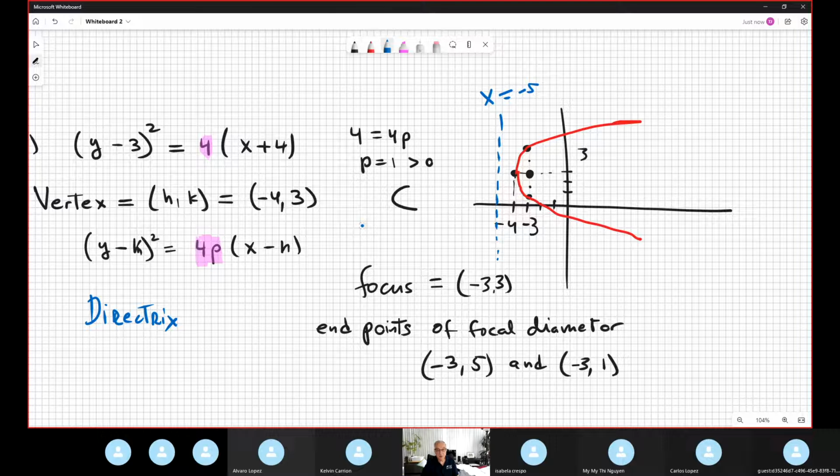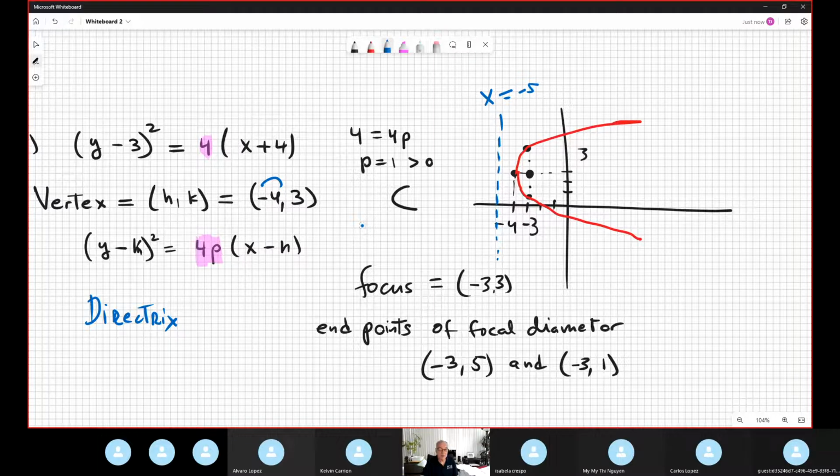Remember the vertex is located at -4. Entonces, p equal 1 to the right is the focus, and p equal -1 to the left is the directrix.